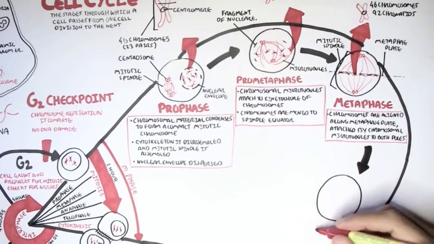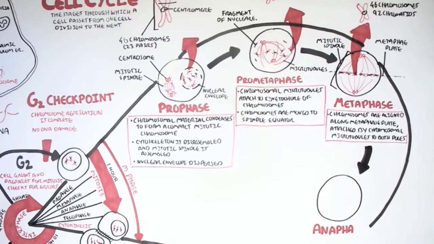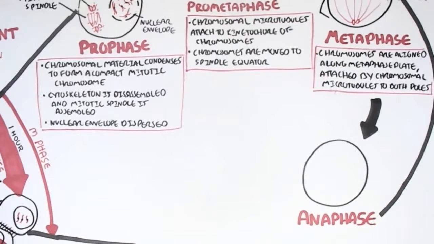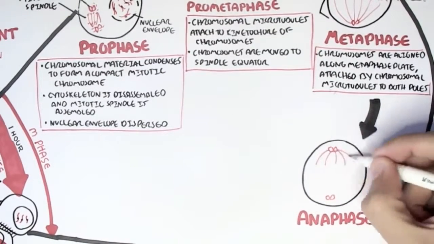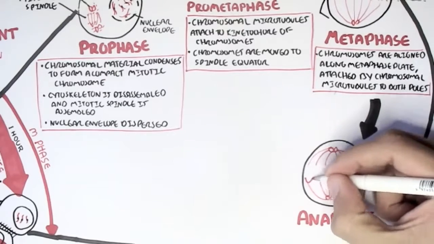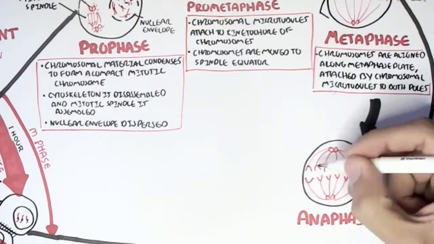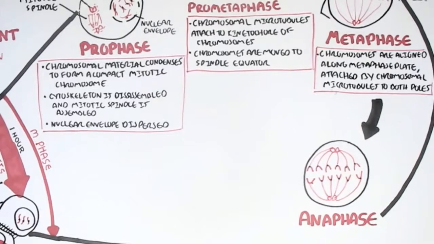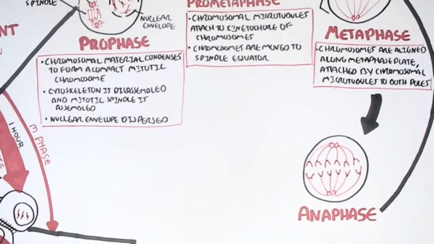Now, this might sound a bit confusing, but I hope you can follow this. In anaphase, essentially, the centrosomes with the microtubules will pull the duplicated chromosomes apart, like so. One chromatid will go towards one centrosome, and the other will go to the other centrosome because it's being pulled apart.